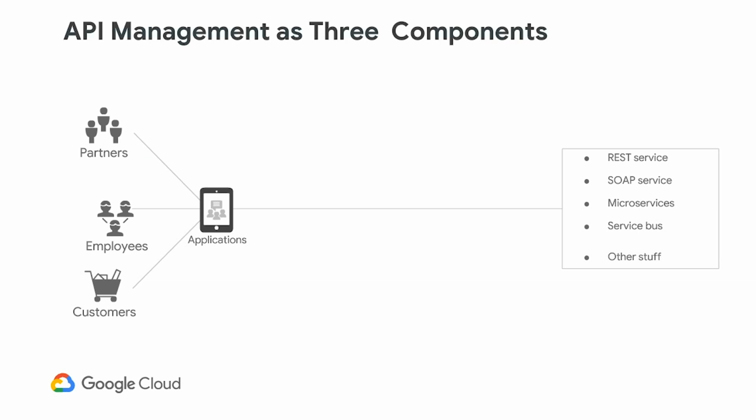So some of these things could be data that's still locked up in a mainframe, or you may still have some SOA stuff out there that you'd like to make consumable and begin bringing to market. You probably already have some REST services, maybe even some microservices out there. You may even have an ESB. So the question is, with all these valuable data and capabilities, how do you begin to bring those to market in a secure and scalable and controlled manner with visibility and so forth?